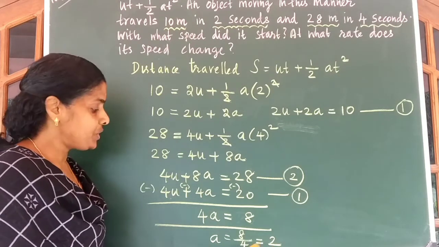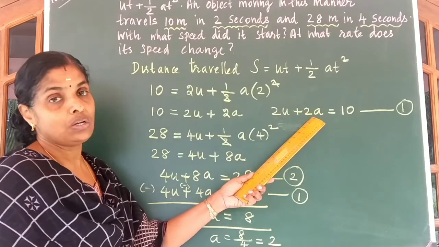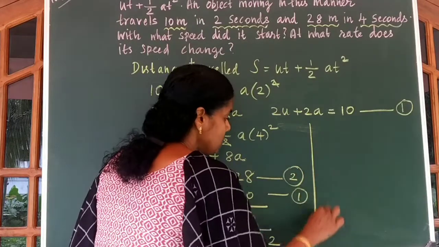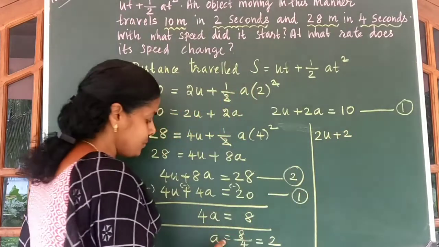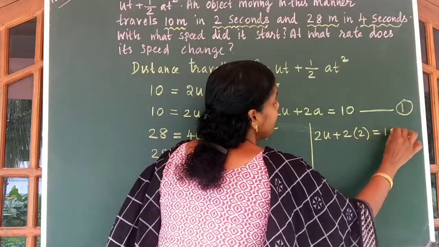Now let us substitute a is equal to 2 in our first equation, so as to get the value of u. So 2u plus 2 into a, the value I am substituting here, is equal to 10.